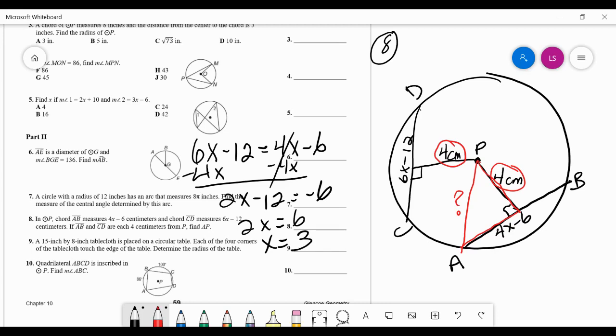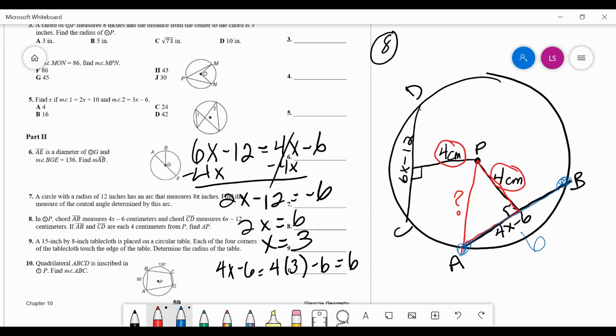So x equals 3. And if I plug 3 into either one of them, so if I take 4x minus 6, plug 3 in there, I'm going to get 6. So that means that AB, this whole thing, is 6.